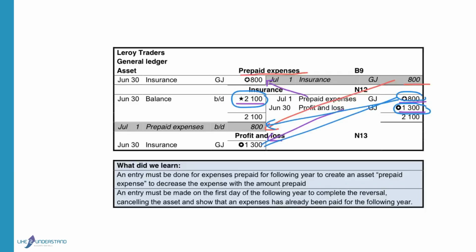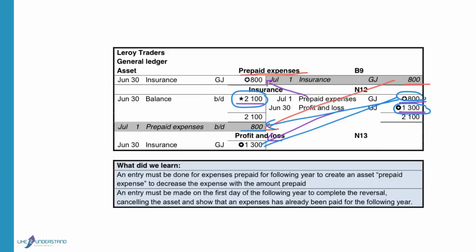So it means that we actually carried down 800 above the total, and we bring it down on the debit side below the total. When we look at the books at the beginning of the second year, we see that we already paid 800 Rand for insurance, and then we will just carry on in that account paying expenses during the year.